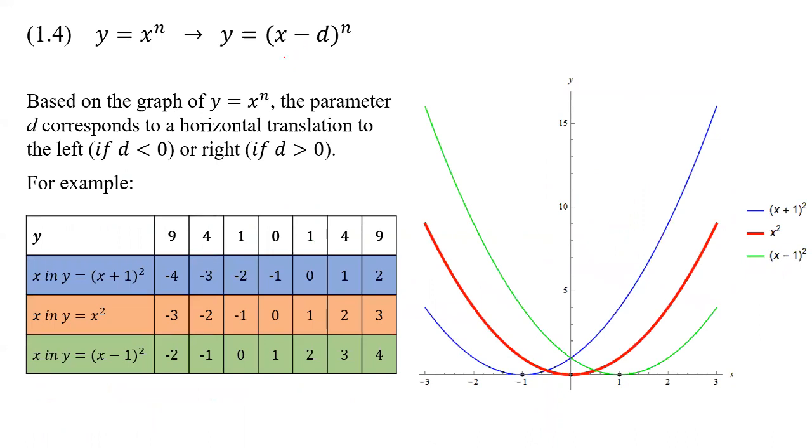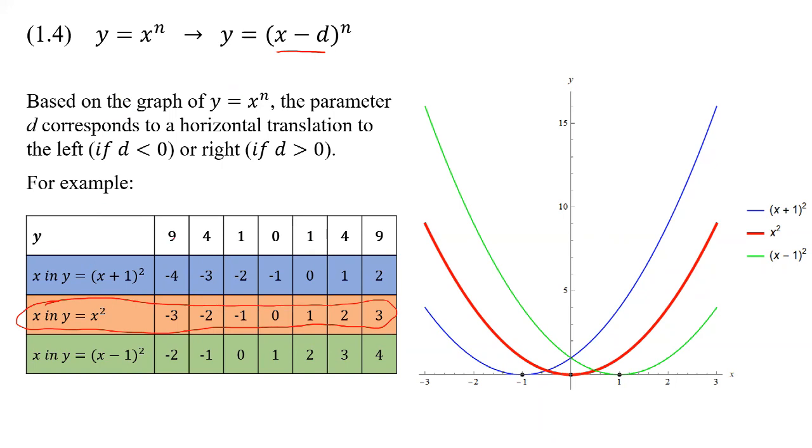So this time, we subtract a factor of d to the x in the original function. So what will change in the graph? Again, let's consider an example. Suppose the original function is y equals x squared.